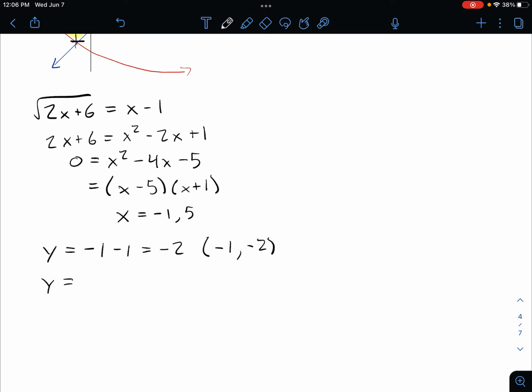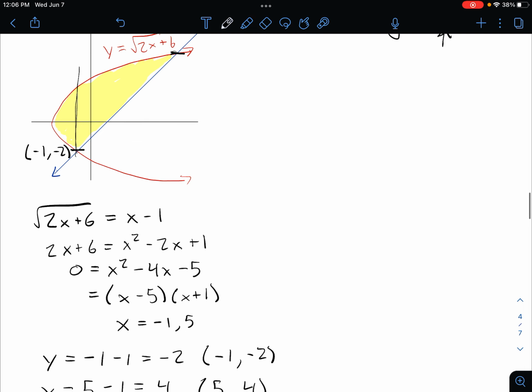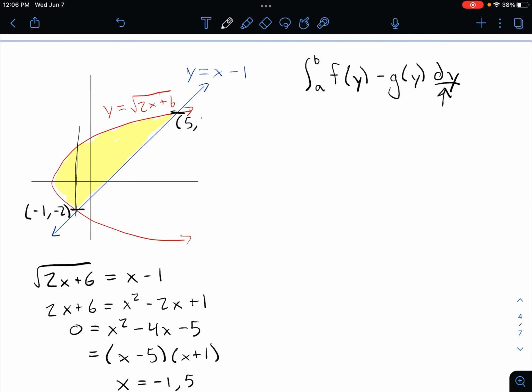And when x is 5, y must be 4. We have a second point of intersection. And to come back and just label them real quick on our graph, there we go. So we have an a of -2, and a b of 4.